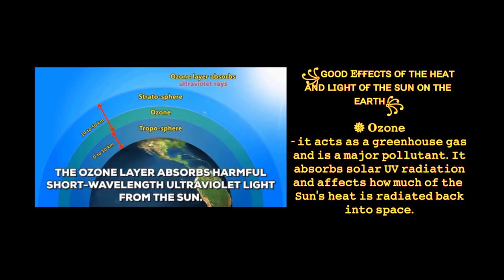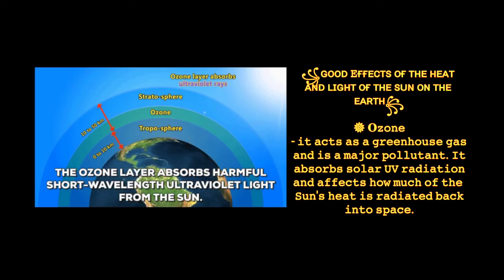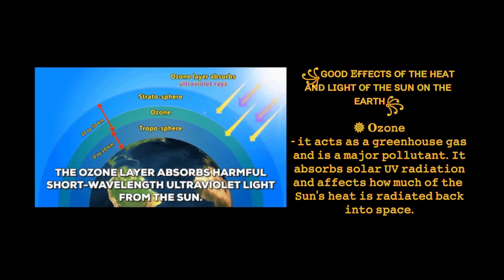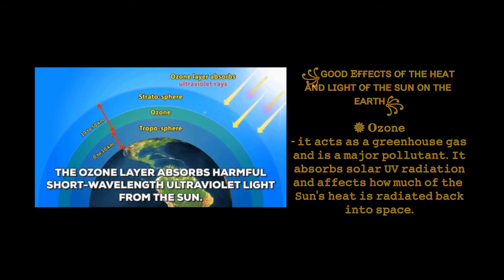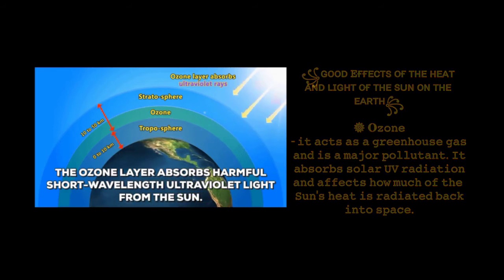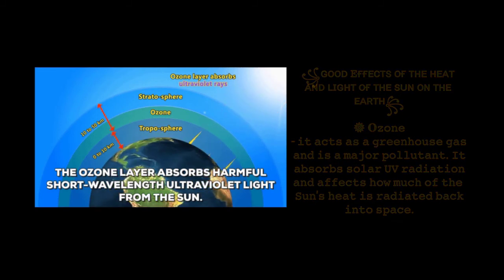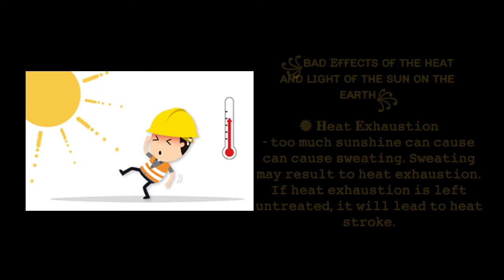Higher up, in the stratosphere, the ozone layer absorbs solar ultraviolet radiation and affects how much of the sun's heat is radiated back into space. The ozone layer shields us from the harmful effects of excessive UV radiation, which can lead to sunburn, skin cancer, and eye damage.